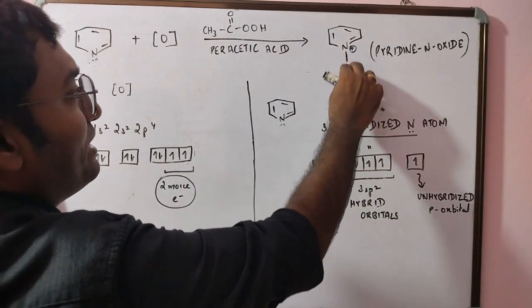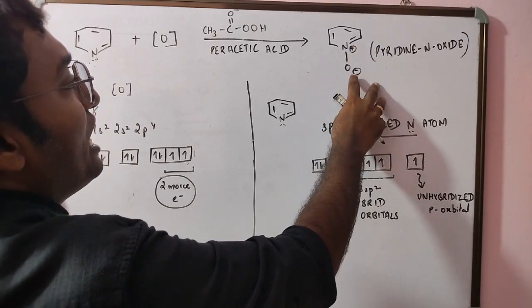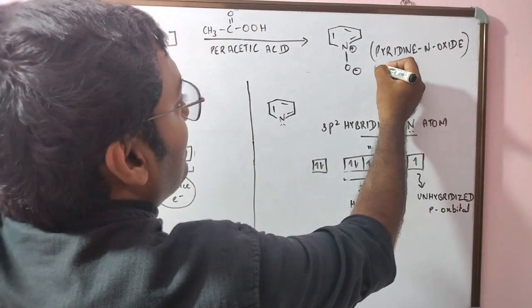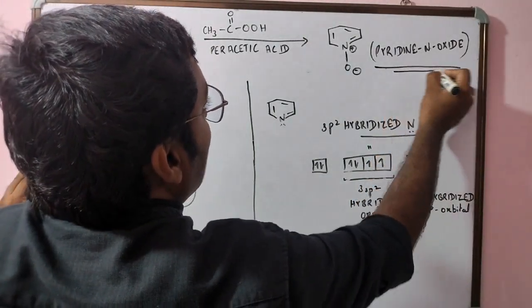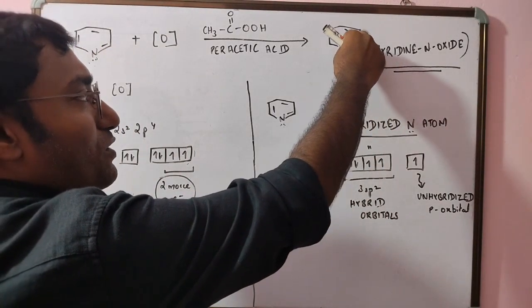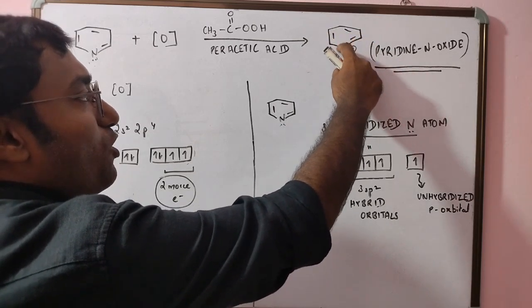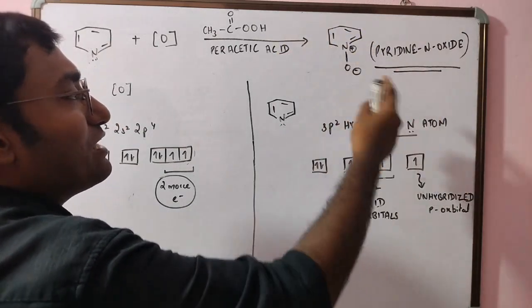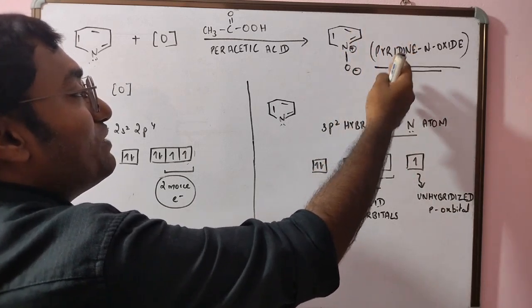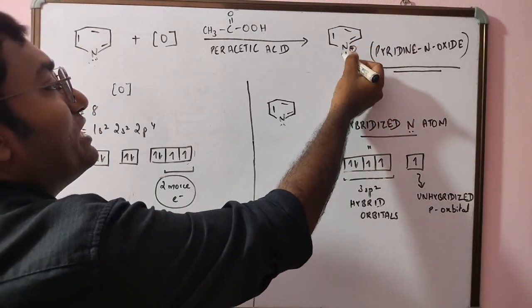Because the nitrogen has completely donated a pair of electrons to oxygen, it develops a positive charge and the oxygen develops a negative charge, and the result, the product, is Pyridine-N-oxide. In a coordinate covalent bond, out of the 2 electrons that are donated, one electron is under the complete influence of the donor atom, the other electron is under the complete influence of the acceptor atom. That explains the unit charges that are developed on the atoms involved in the coordinate covalent bond.